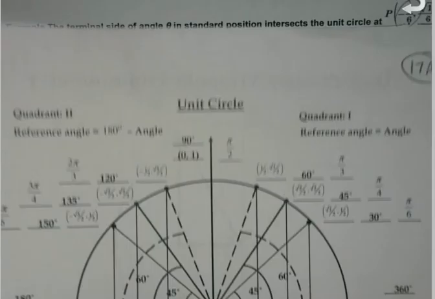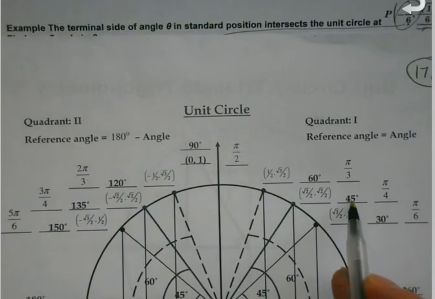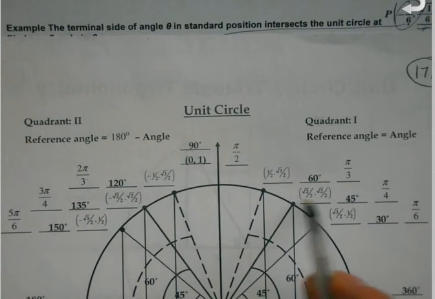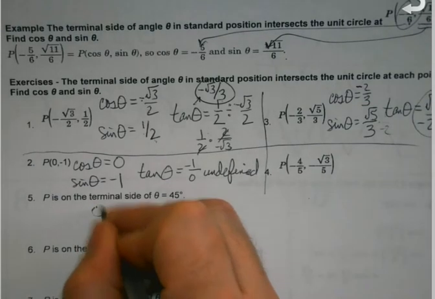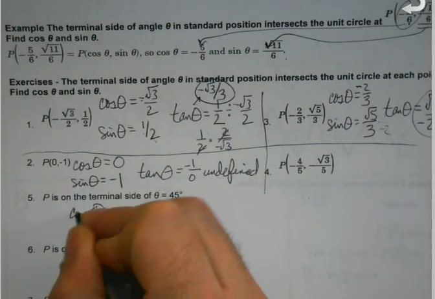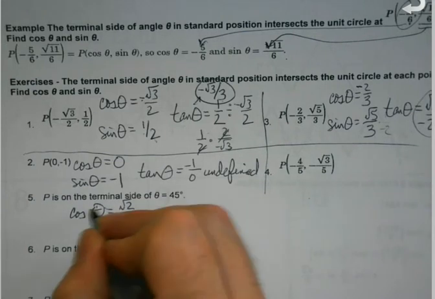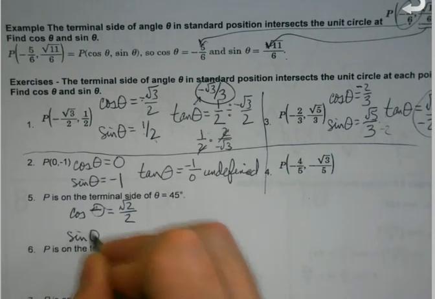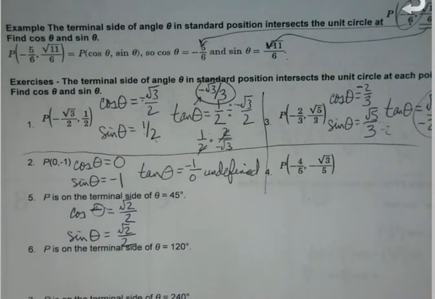So if I'm still playing here, and it's all right if we are, I find my 45 degrees, and I notice that my cosine and sine are each square root of 2 over 2. They're both in the first quadrant. So I go, okay, so the cosine is going to be square root of 2 over 2. The sine is also square root of 2 over 2.